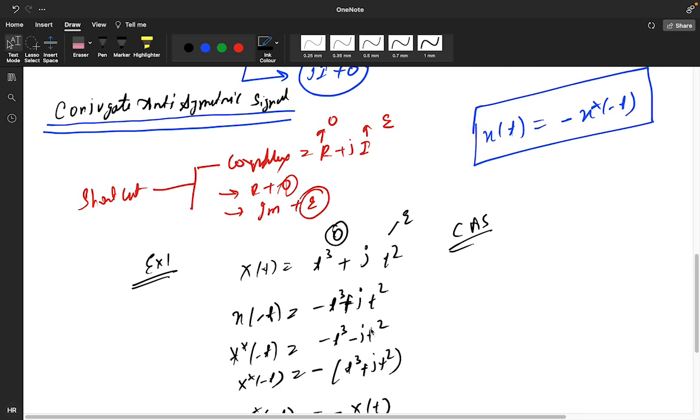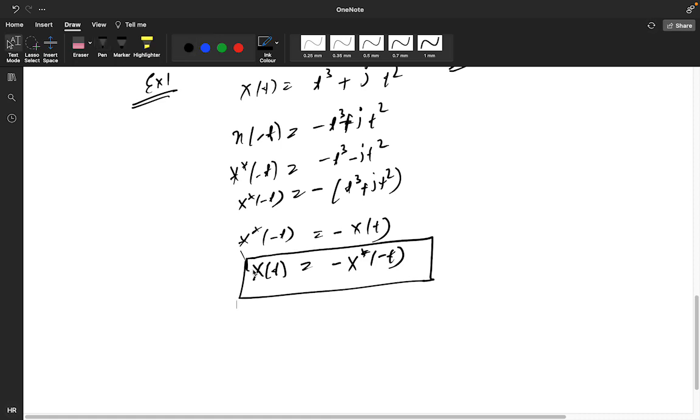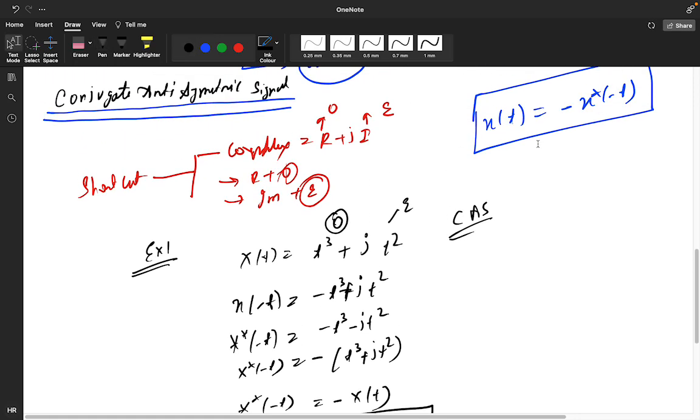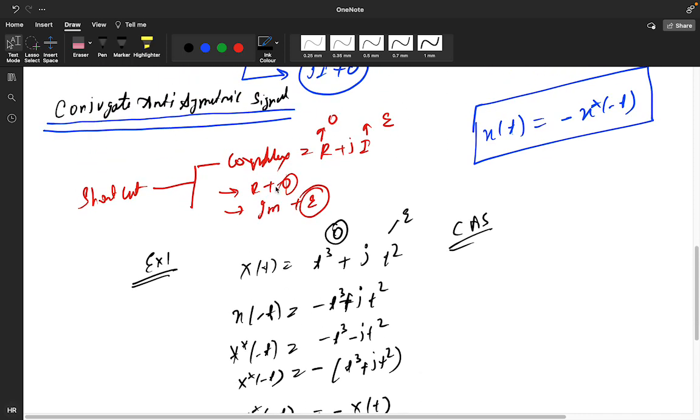This is the property you can write, and x of t equals minus x conjugate of minus t. So it's following, and this is your conjugate anti-symmetric signal. Or you can directly check from this property.